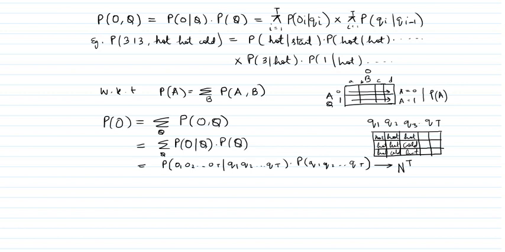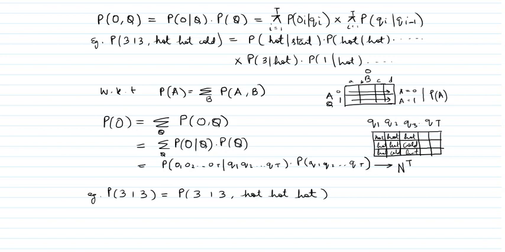Right, so for our example, this P of 3 1 3 can be written as P of 3 1 3 comma hot hot hot.